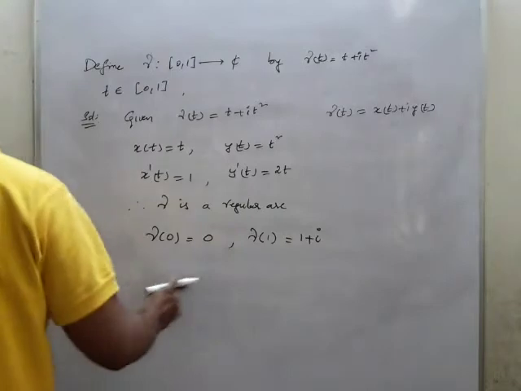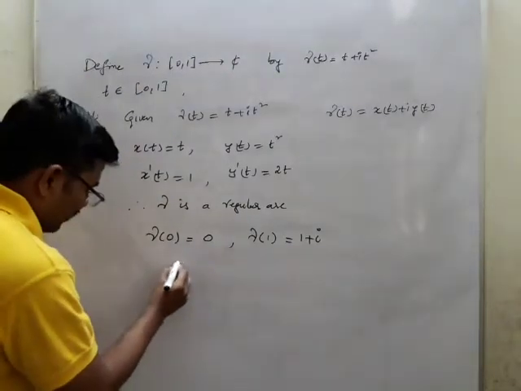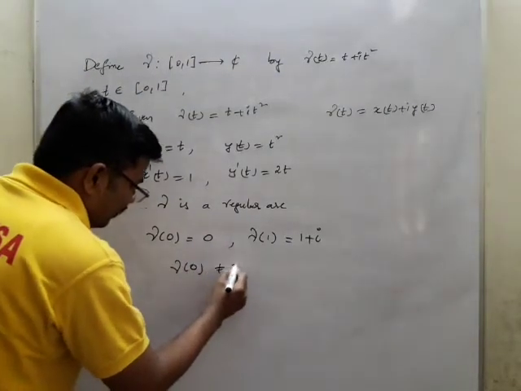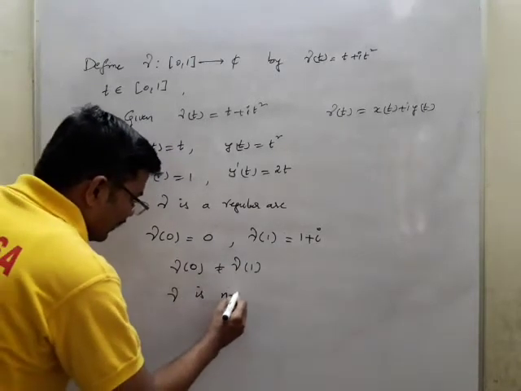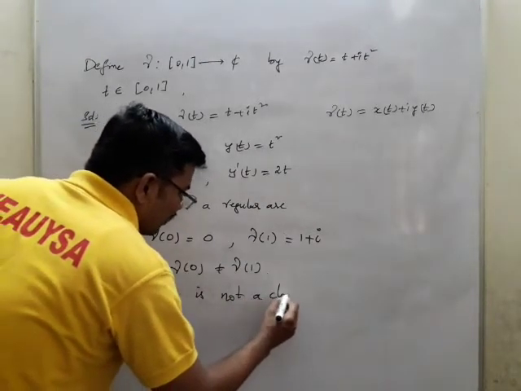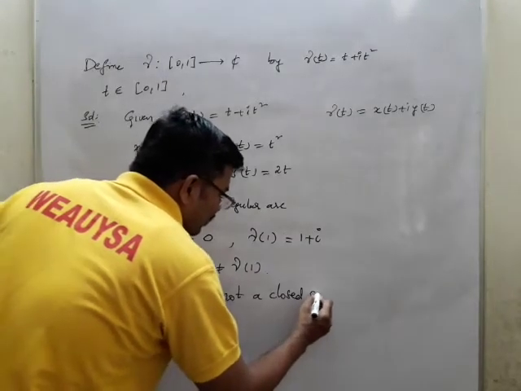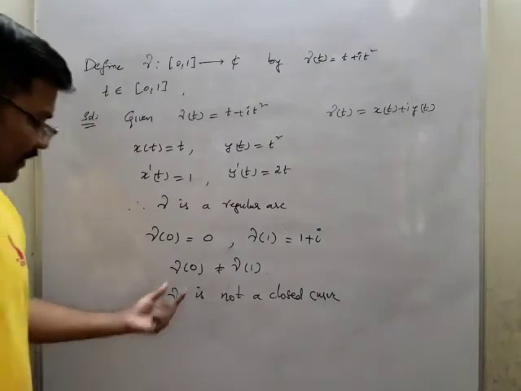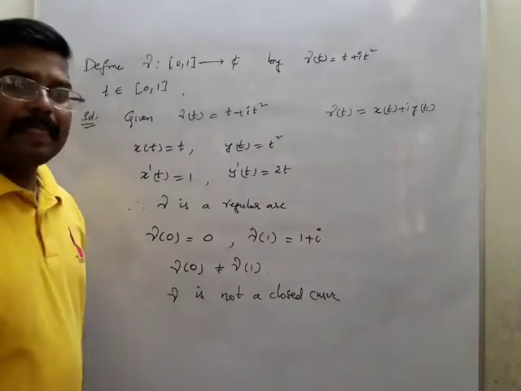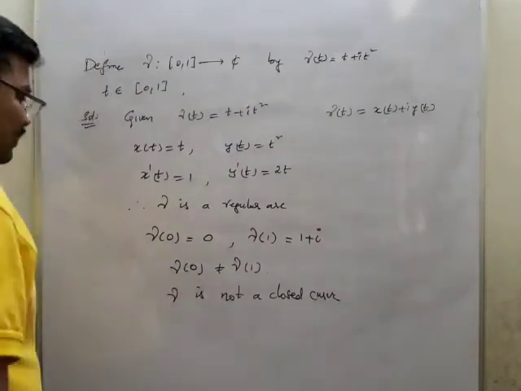So therefore gamma of 0 is not equal to gamma of 1. So gamma is not a closed curve. If you wanted to prove that it's a closed curve, gamma of 0 must be equal to gamma of 1. So it is not a closed curve.